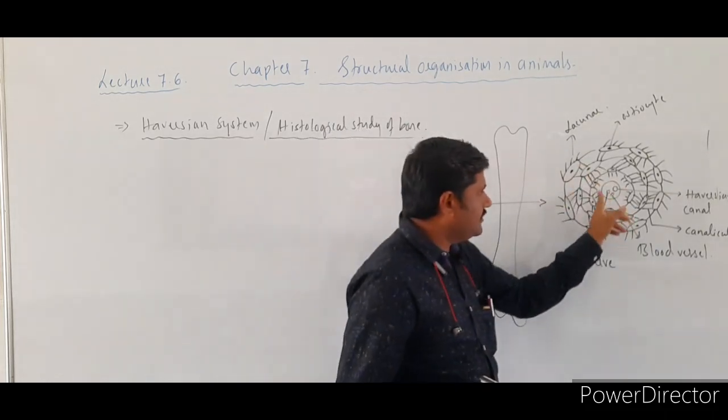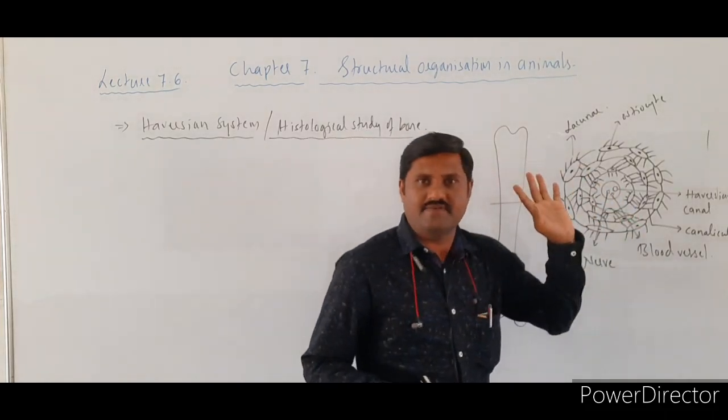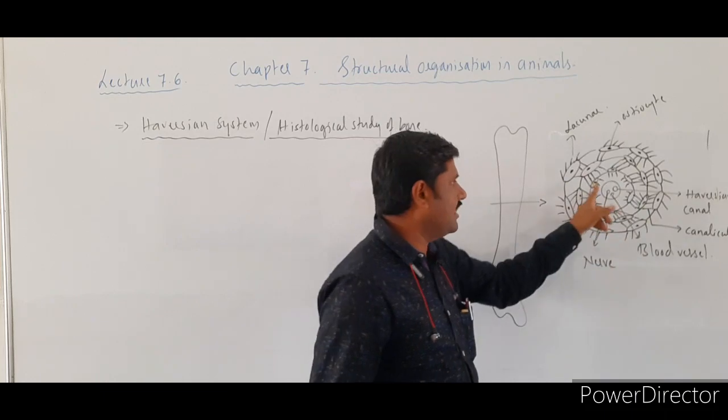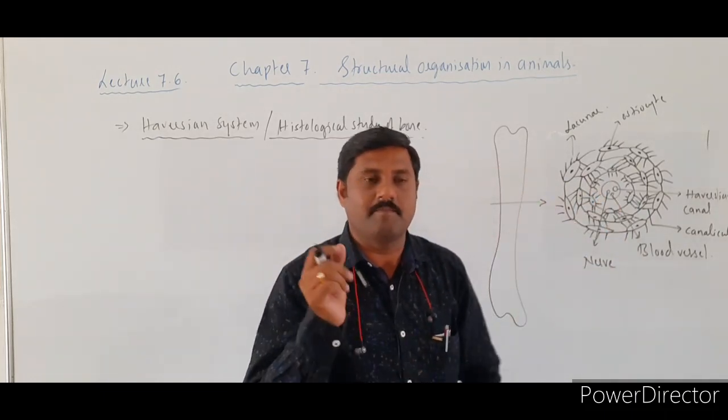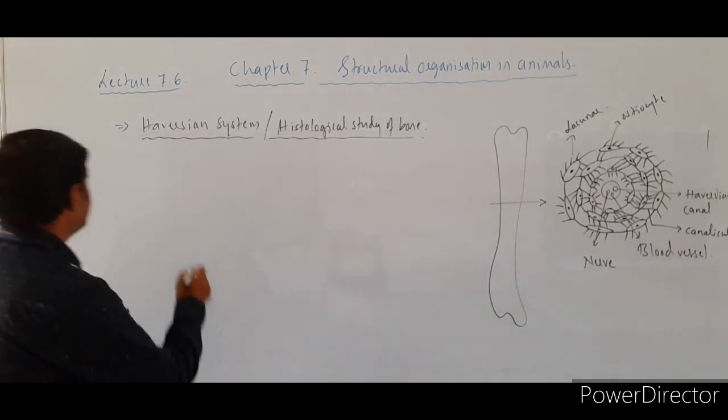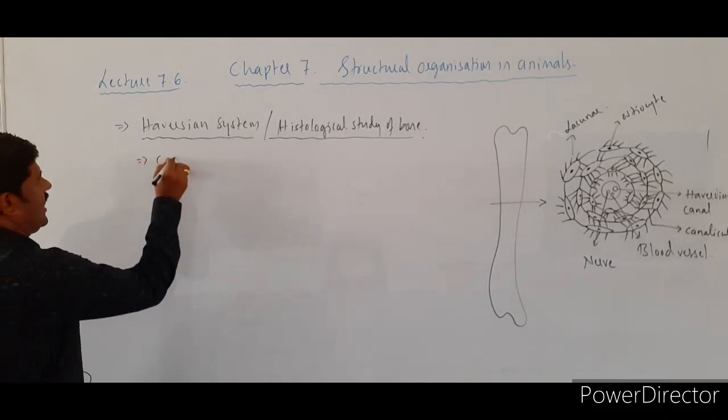Of course, the central axis of the Haversian system is called the Haversian canal, and this Haversian canal is surrounded by the matrix.